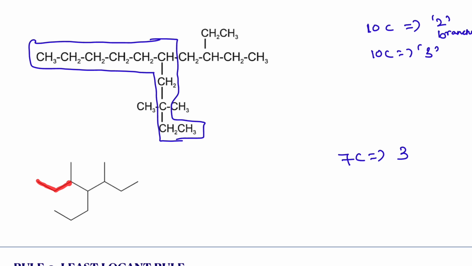Therefore, this is the longest carbon chain. So 1, 2, 3, 4, 5, 6, 7 carbon chain. So this is your principal carbon chain, branch 1, branch 2, branch 3. So these are the 4 sub rules in longest carbon chain.